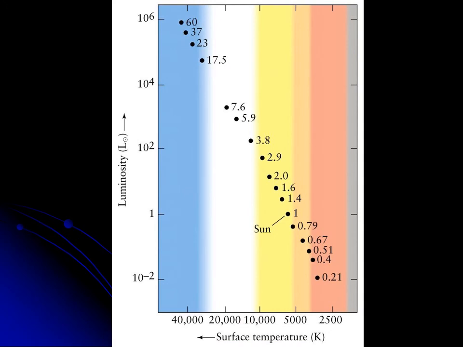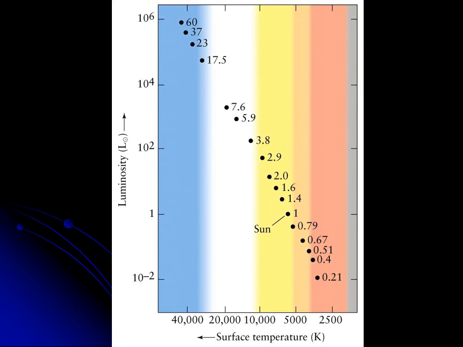One interesting thing on the HR diagram: remember the main sequence runs diagonally. If we graph absolute magnitude or luminosity here and temperature, or B minus V, or spectral type here, you get something that looks like this, diagonal. This is more luminous, therefore more mass.